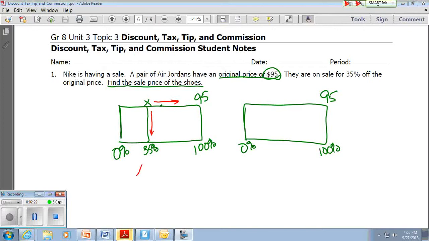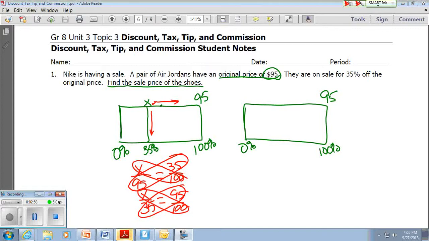So I could do X over 95, which is part over the whole, equals 35 over 100, percent over 100, or I could do X over 35, so top to bottom, equals 95 over 100, and either way I'm going to get the same answer because look at my cross products. 100 times X and 95 times 35, and that's what's happening right here. So either way I set up my proportion works out.